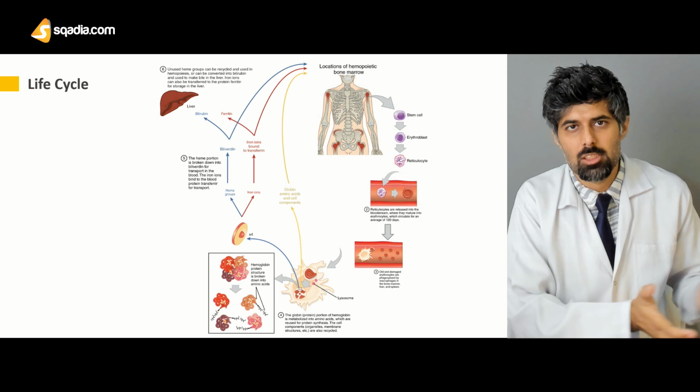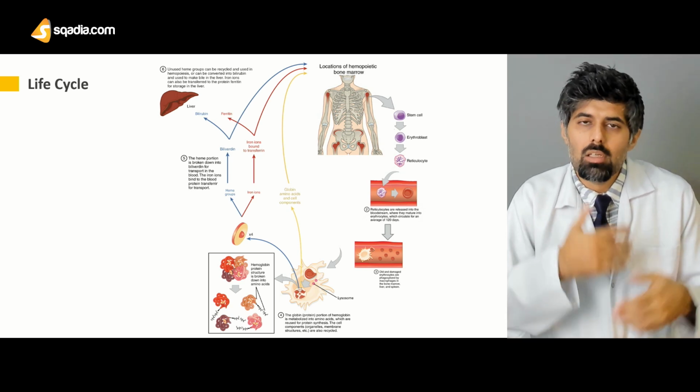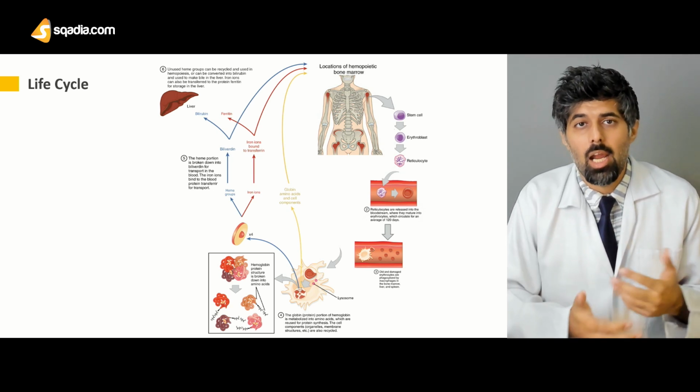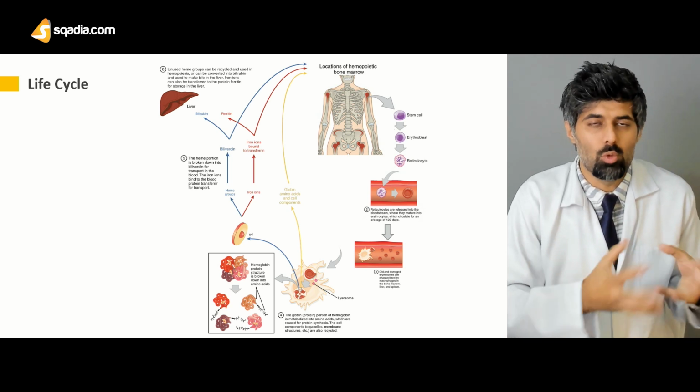Bilirubin might get excreted or it might get used again. So this cycle continues until we have enough RBCs, and it can go to the storage route if we do not.